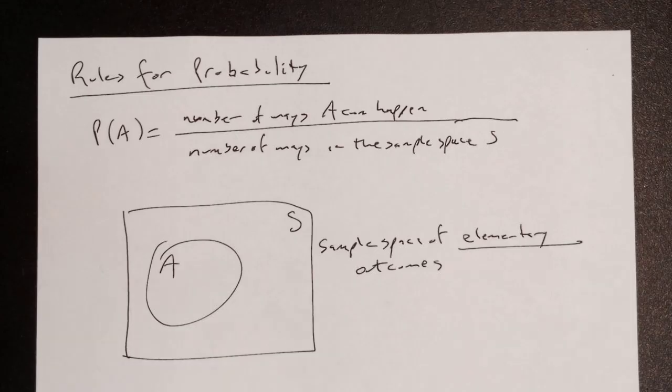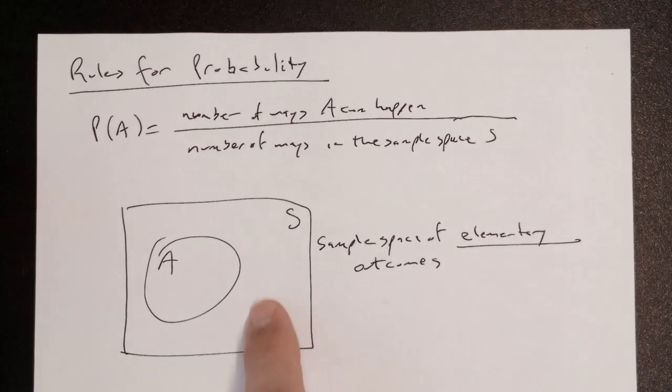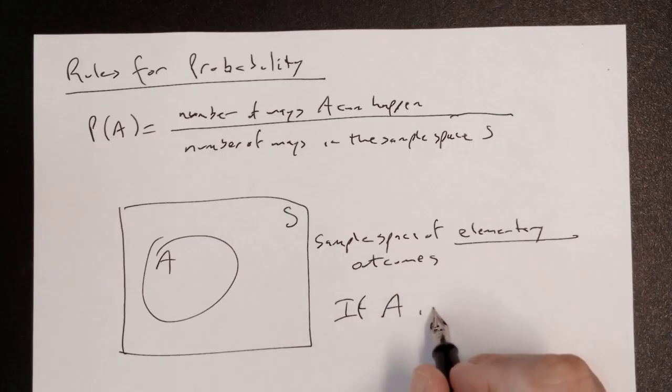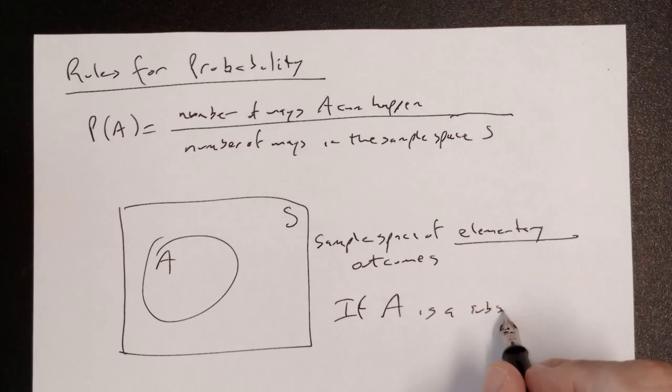My 4 queens, hearts, spades, diamonds, clubs, and all of the other 48 cards will be out here. But that means that a total of all 52 events show up in S. So A is some sub-collection, some subset of S.